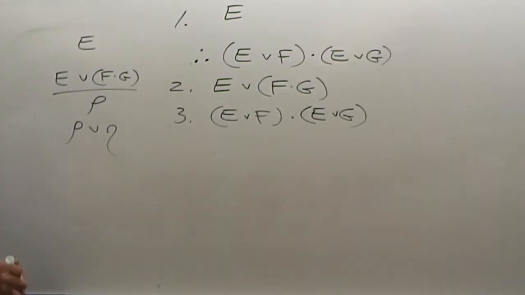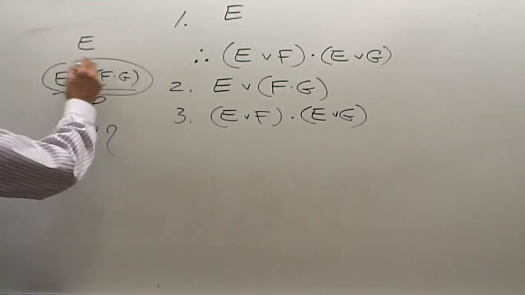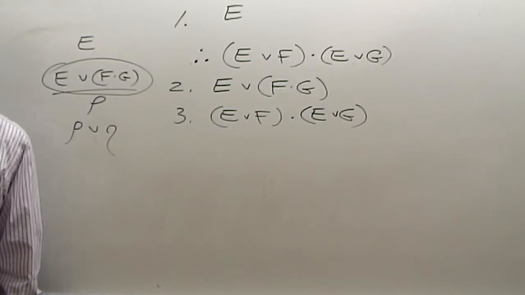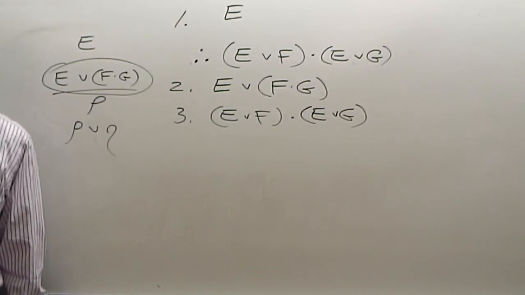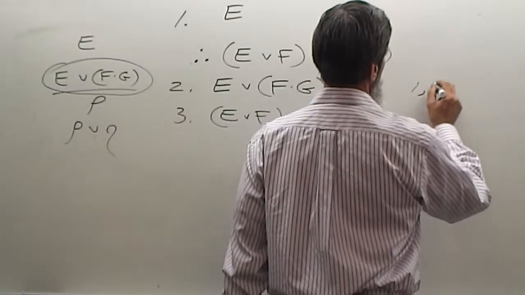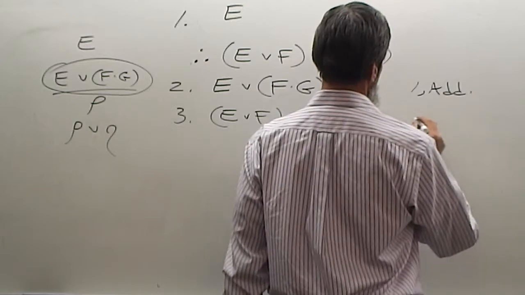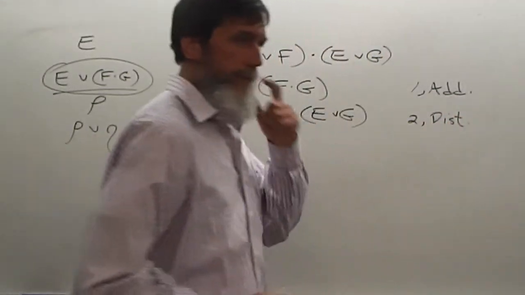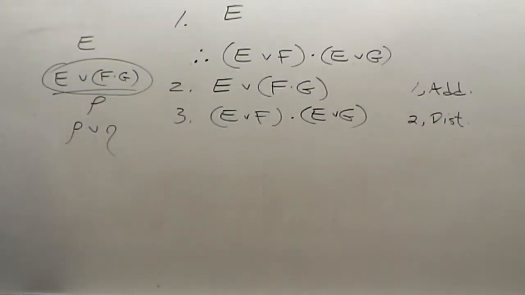So we found out what the replacement statement of the conclusion would look like, and that told us what our conclusion of addition must be. And let's put our notation in here. It's line 1, addition, and then 2, distribution. Good?